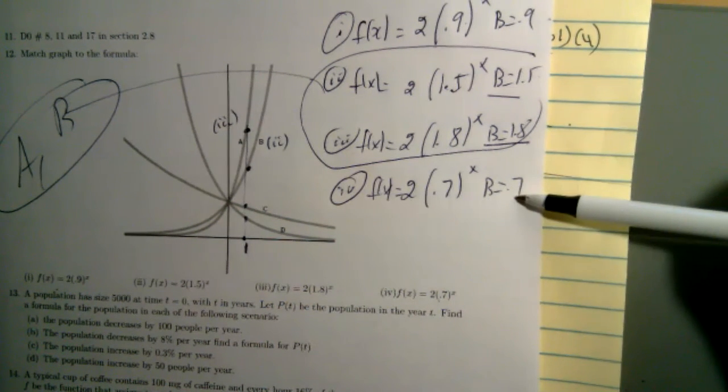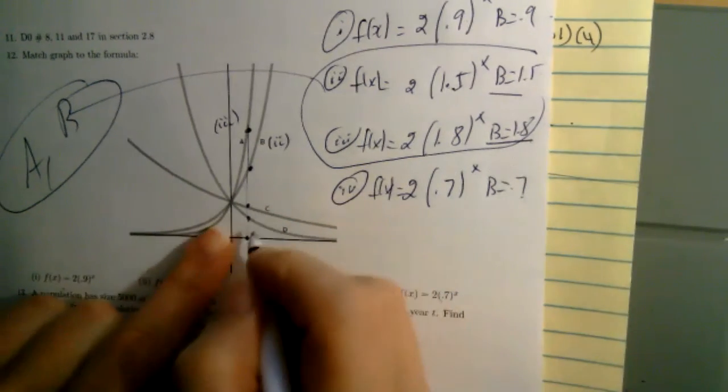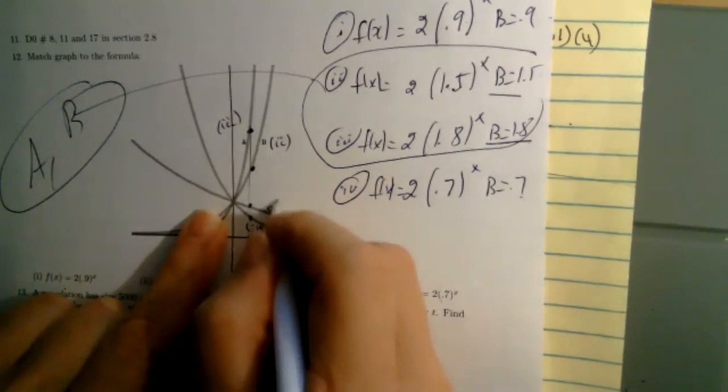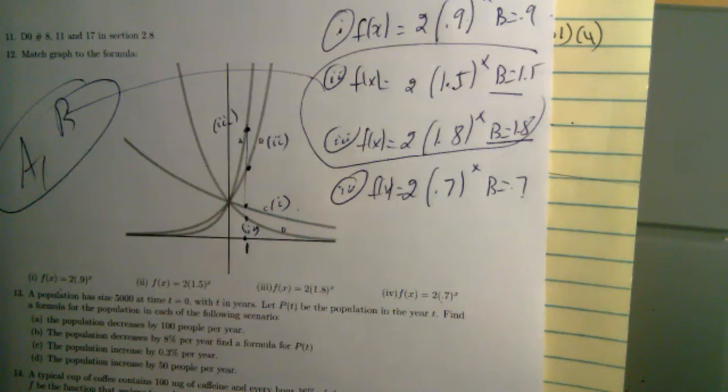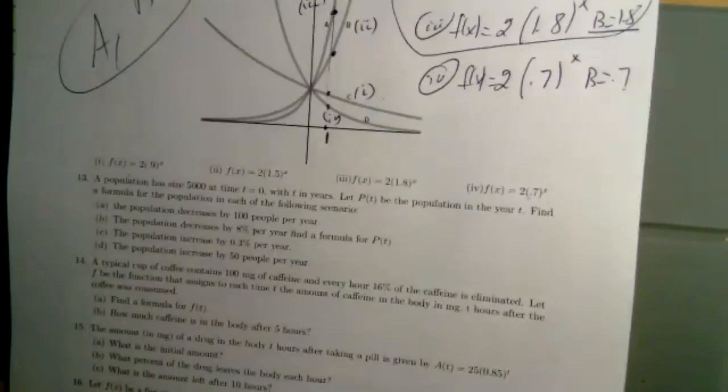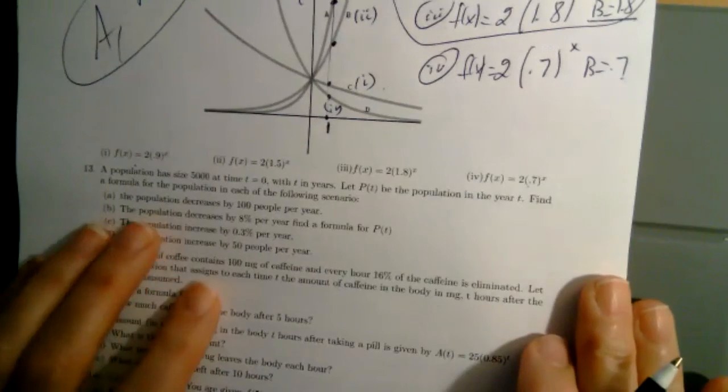This is decreasing way, way faster. So this is going to be the 4i, and this is going to be the I. So if B is less than 1, the smaller the B, the more the function decreases. That's the picture. And then the rest, we've been doing a lot of it.